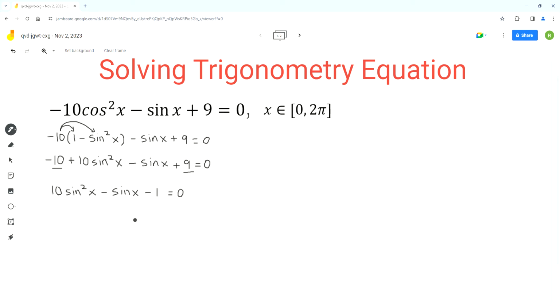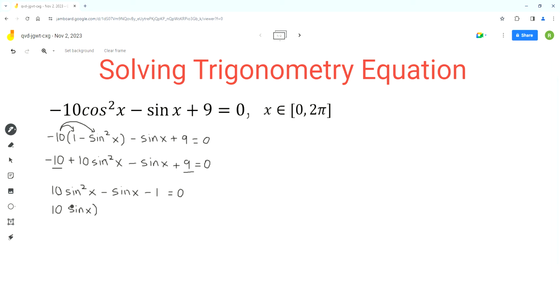Now this is a quadratic equation because there is a square on the sine x and there is a sine x term. So I can rewrite this. So this is one way to understand this equation, that this is a quadratic equation.